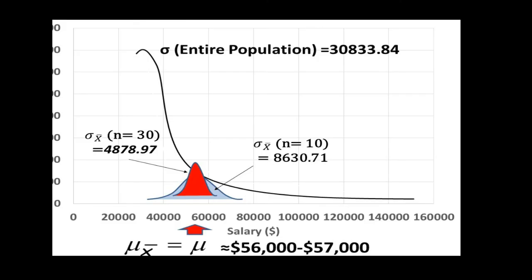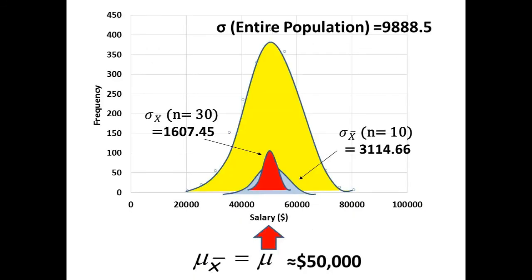And that is the essence of the central limit theorem, that regardless of the shape of the original distribution, if we take samples that are large enough, we will reach a sampling distribution of normal shape. Obviously, when we deal with real data and real numbers, things do not match the theory perfectly, but it's close enough.